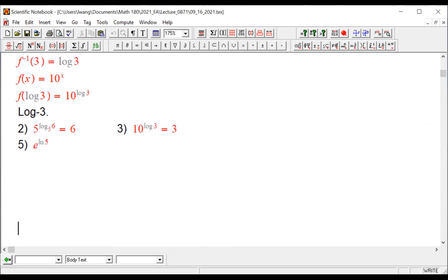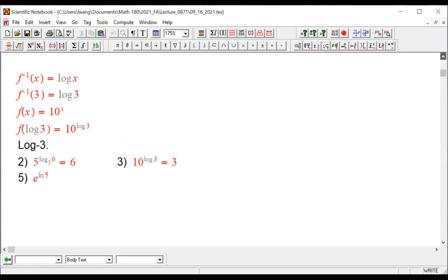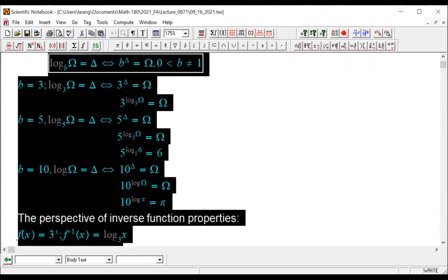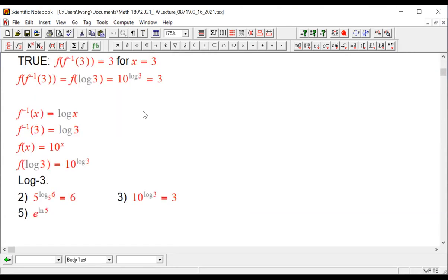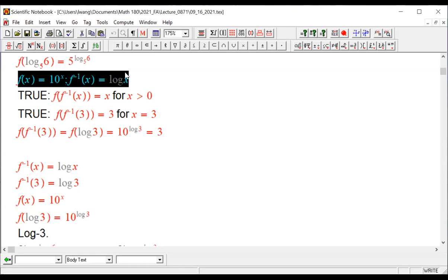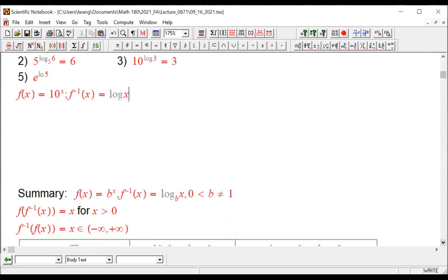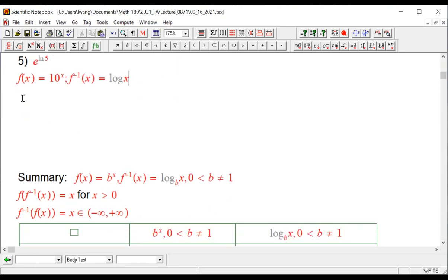This will be the situation where we have f of x in base e instead of base 5 or whatever base. So this is going to be e to the x, and that's going to be natural log x. You guys see that?